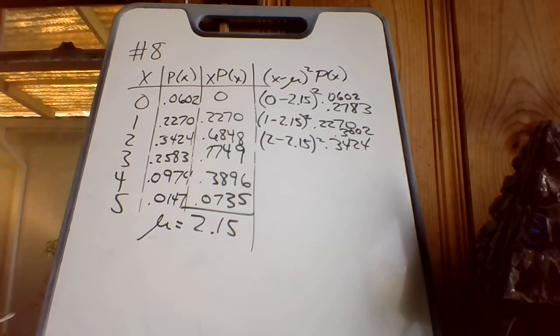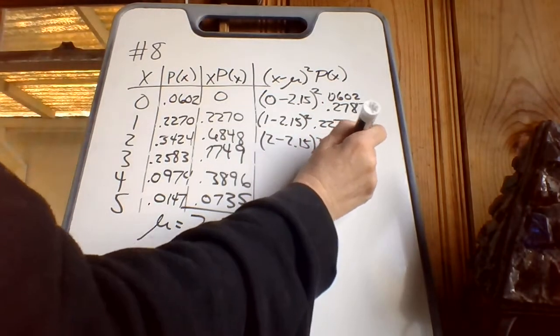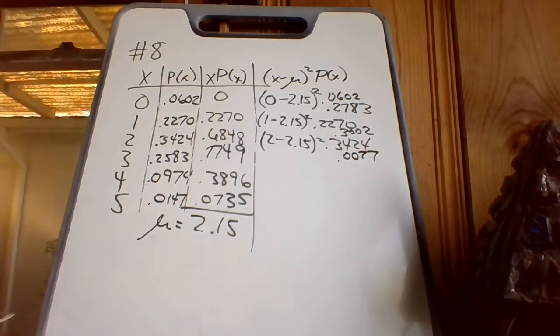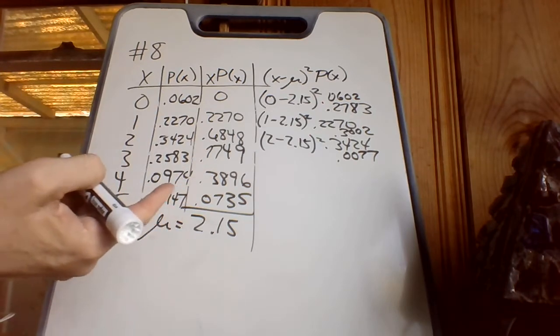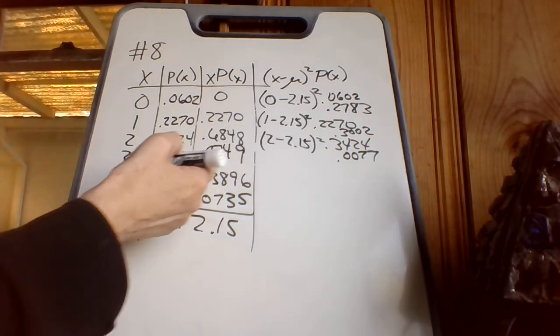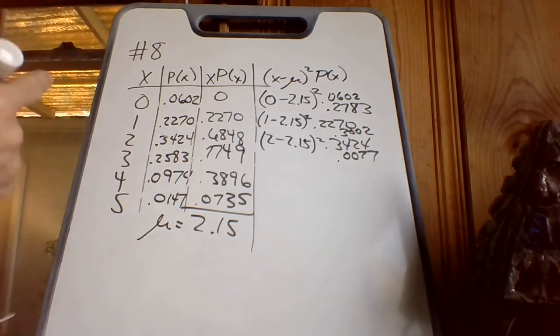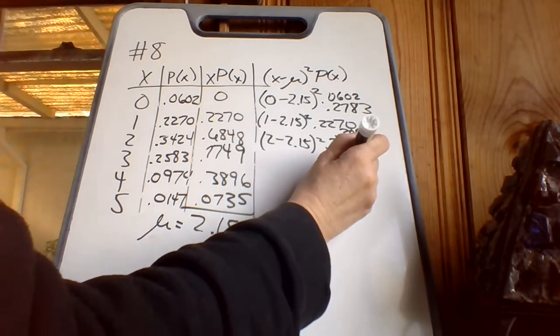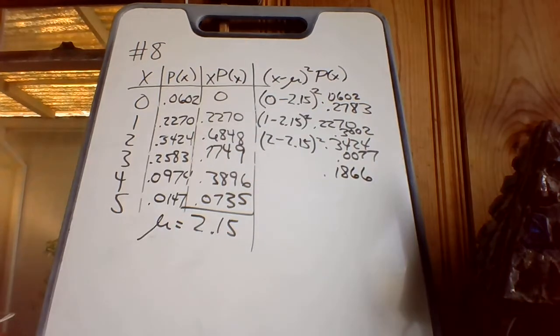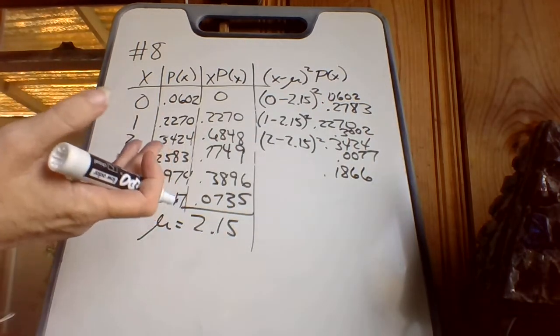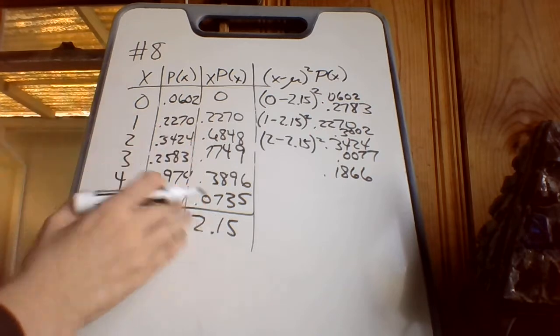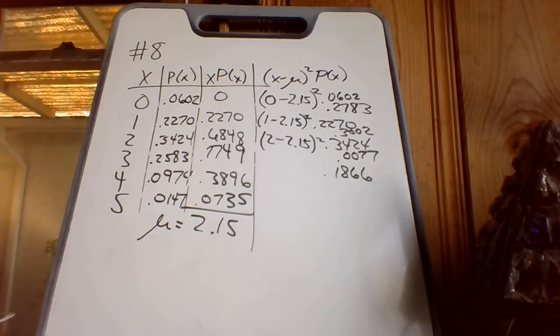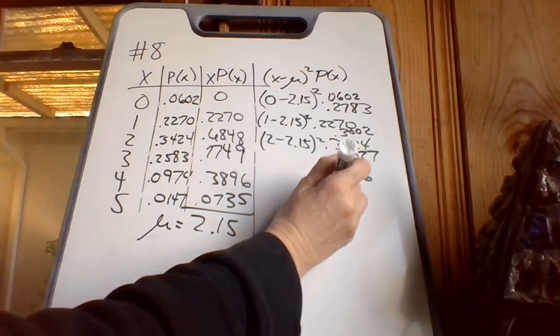And I got 0.0077. 3 minus 2.15 is like 0.85 squared times all the way back here, 0.2583, and I got 0.1866. 4 minus 2.15 is like 1.85 squared times 0.0974, and I get 0.3334.